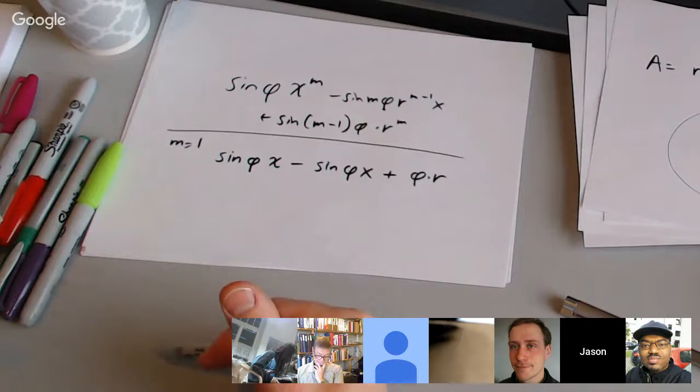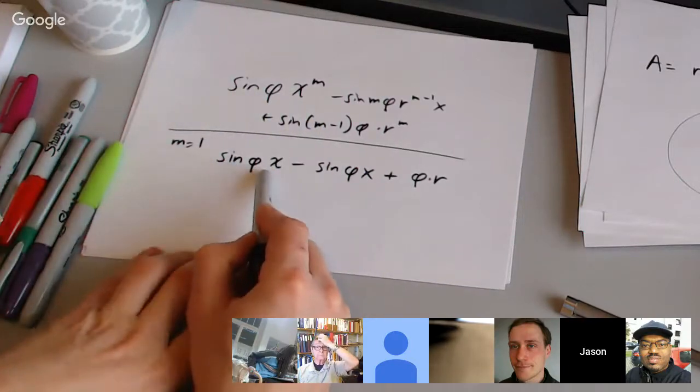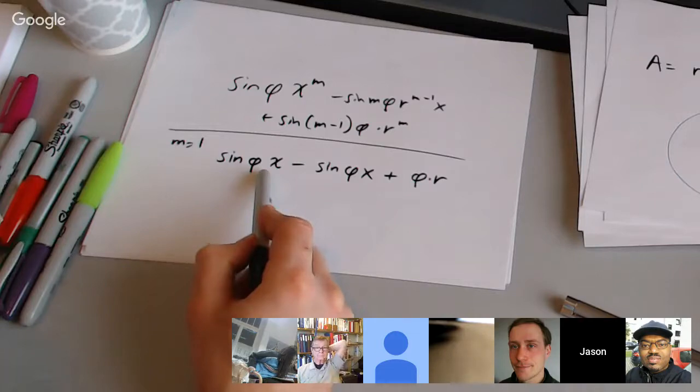Sorry, let me just pull it up here. Yeah. So it's sine times phi times x to the m power is the beginning, and the second part is minus sine times m times phi.